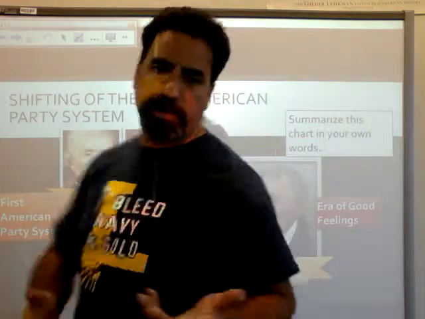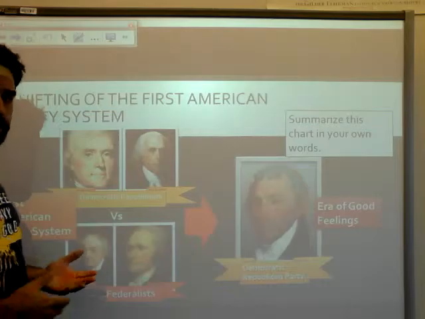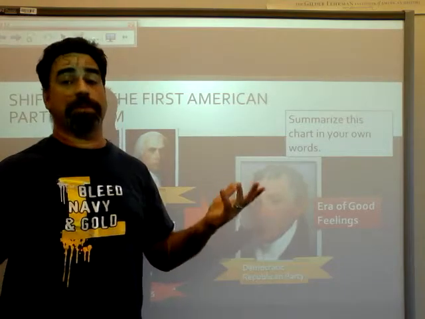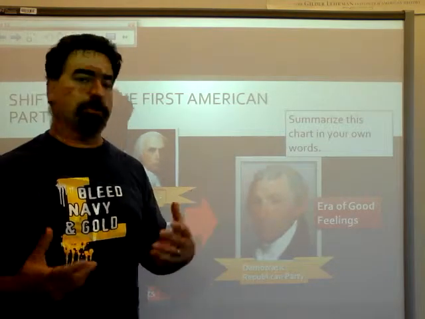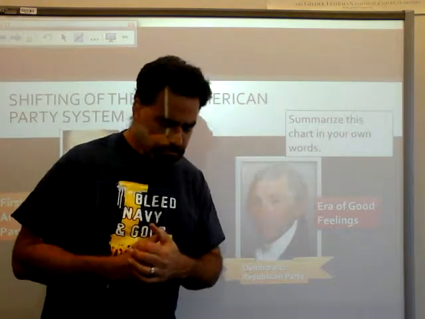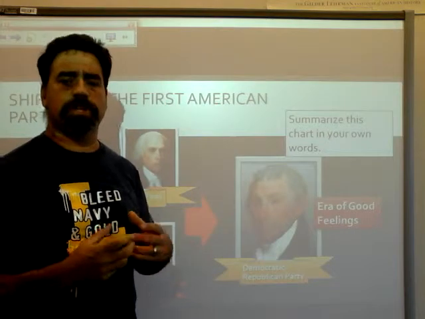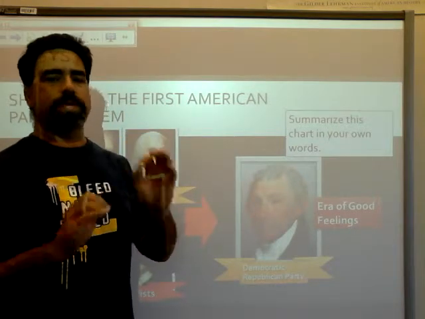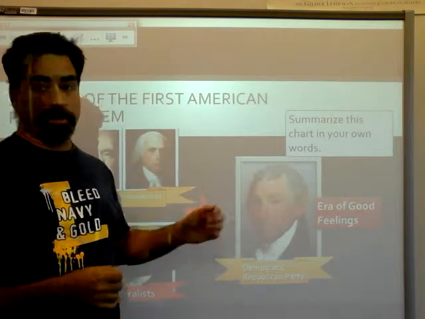Well, what happens to the poor Federalists? They don't just drop off the face of the earth. The Federalists continue on. Under the leadership of James Monroe, the United States is going to enter into a very, sweetly brief period known as the Era of Good Feelings.